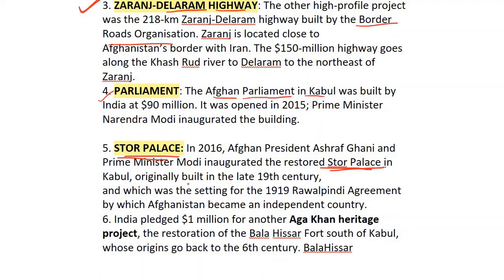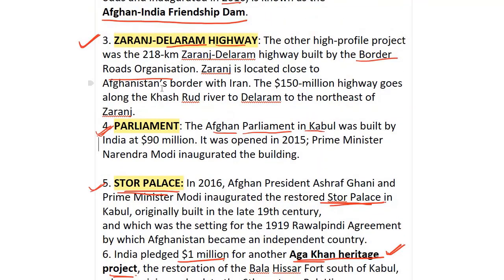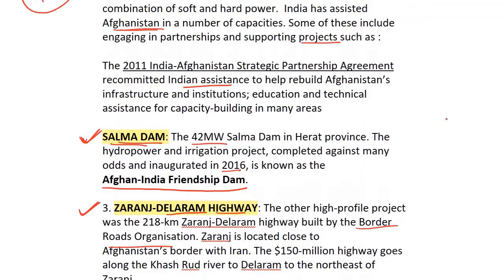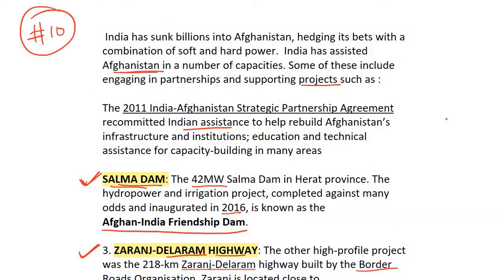And remember one more thing, the Aga Khan Heritage Project. Maybe India pledged $1 million. But basically the Aga Khan Heritage Project, Stor Palace, the Parliament building of Afghanistan, the Zaranj Delaram Highway, and Salma Dam. These are the projects in which India has engaged with Afghanistan over the years.